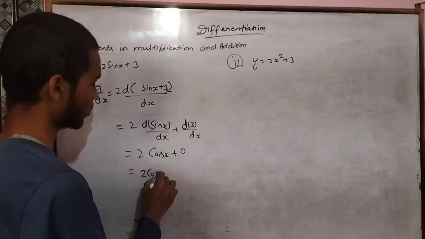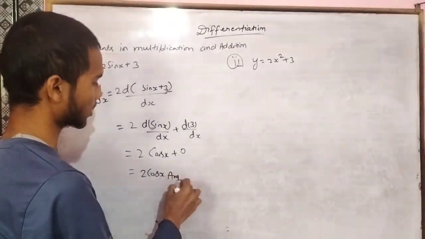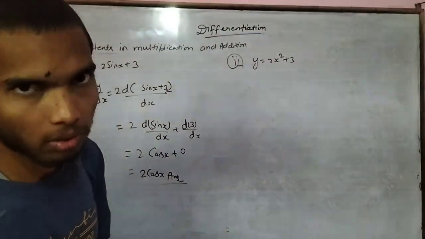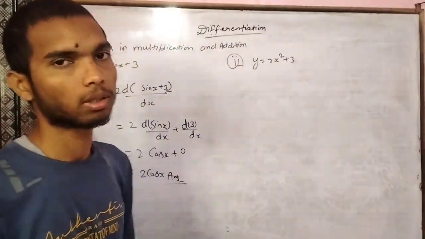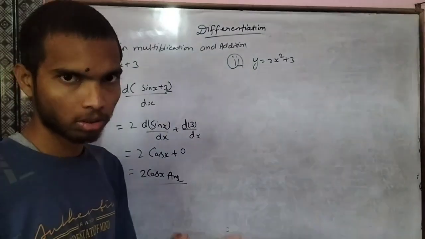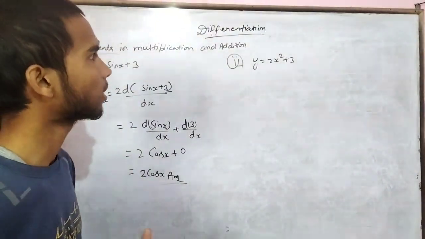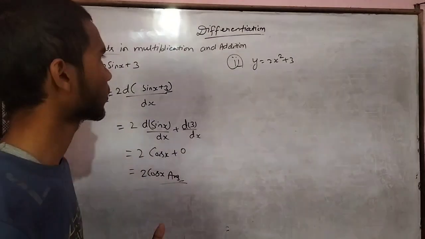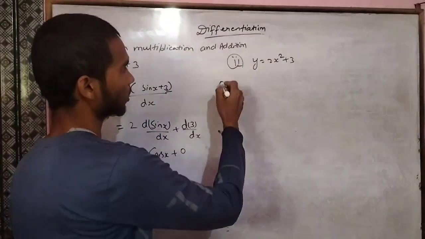Now we have 2 cos x, which is the answer. This is a type of equation we are looking at, which is very interesting.